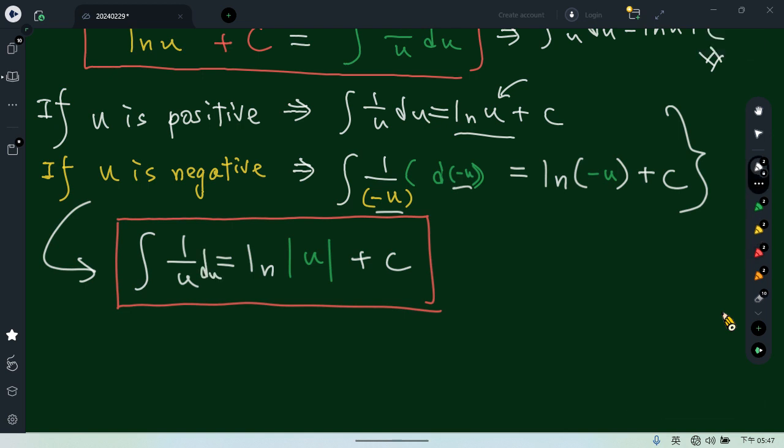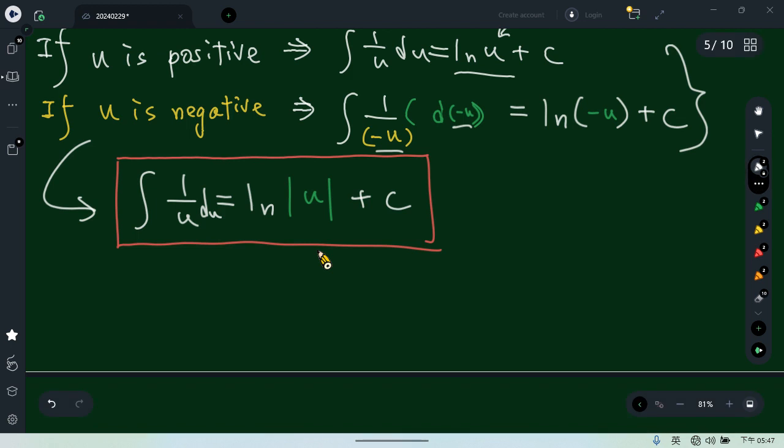So we have a unified result by this expression for both u positive and u negative.